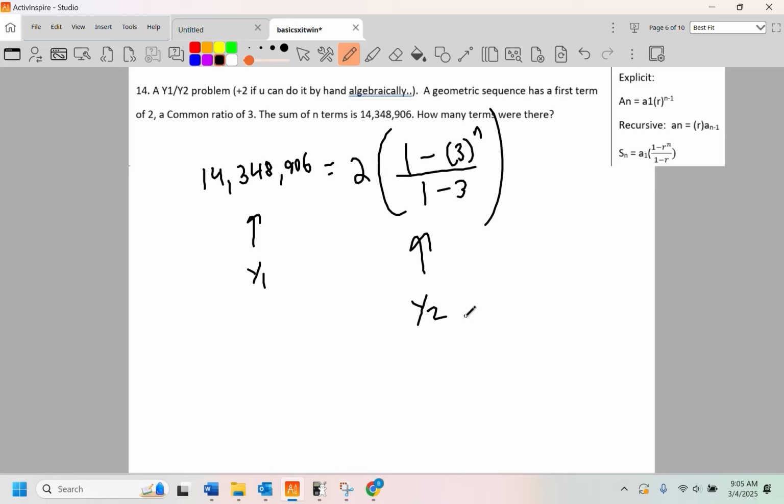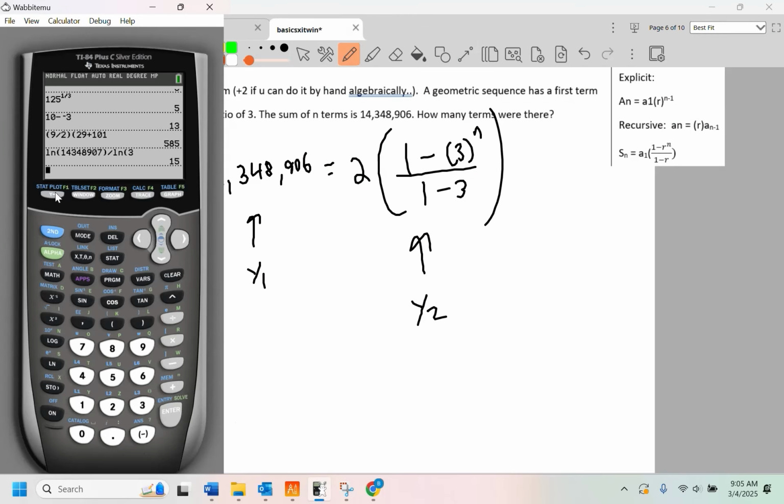I saw this happen a lot on the last quiz. Some kids would do some math and then they would switch over to y1, y2. If you're going to do y1, y2, don't do any math, because about half the kids who tried doing some math first and then switching over to y1, y2, the math they did was wrong. So don't do any math.